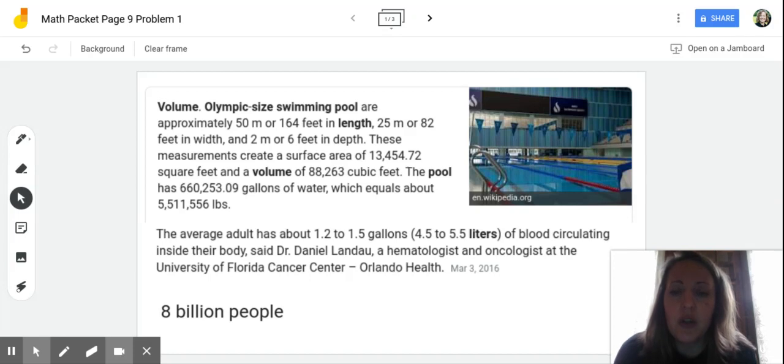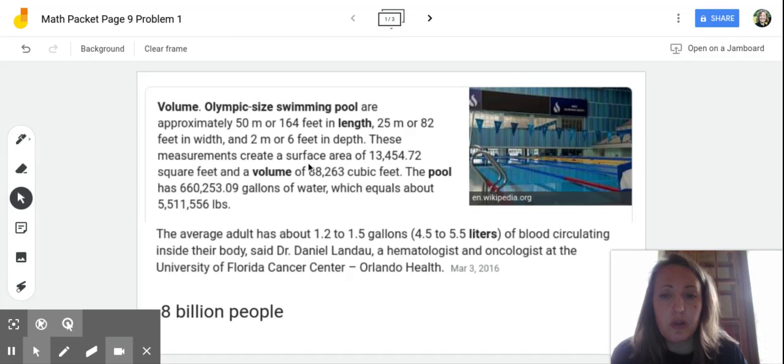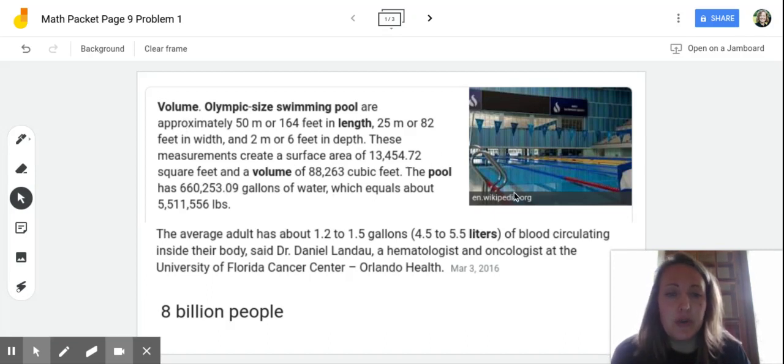So we've got to know a little bit of information in order to do this problem. First of all, you need to know the volume of an Olympic-sized swimming pool. I just copied and pasted this straight off of Google. I think this is a Wikipedia image.